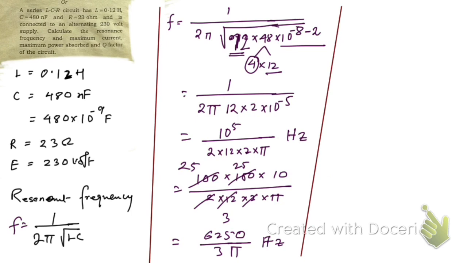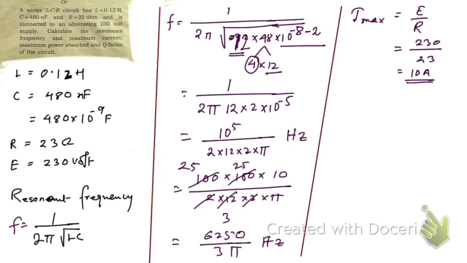Now we're going to find the maximum current, that is E by R, that is the voltage supplied, 230, divided by the resistance 23, and that's going to give us 10 ampere. This is the maximum current.